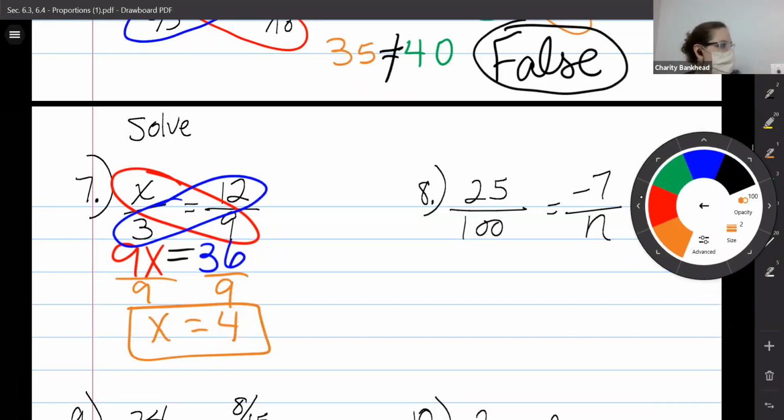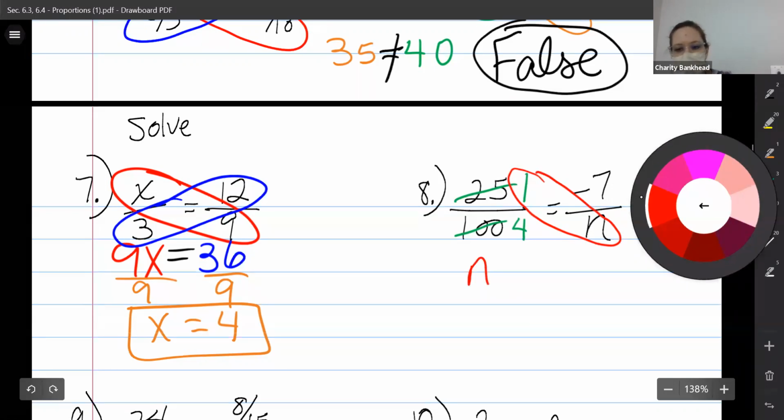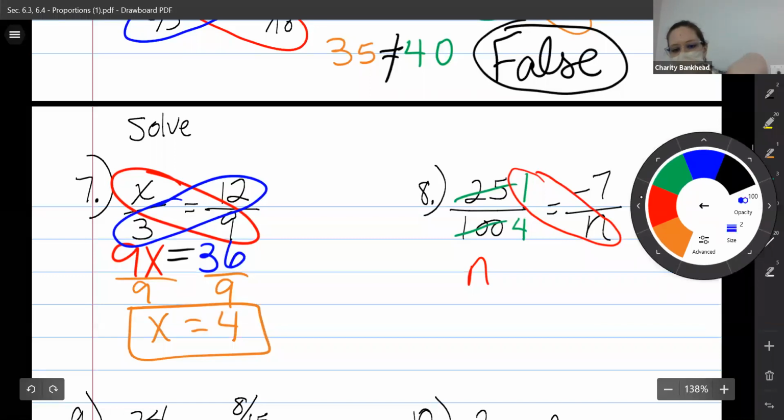All right, on number 8, I could just straight up cross multiply it, but it is going to be a lot easier if I reduce that fraction, because I know that 25 goes into 100 4 times. So I think that'll make it a ton easier. Then I can just say 1 times n is n, and 4 times -7 is -28, and voila, n equals -28.